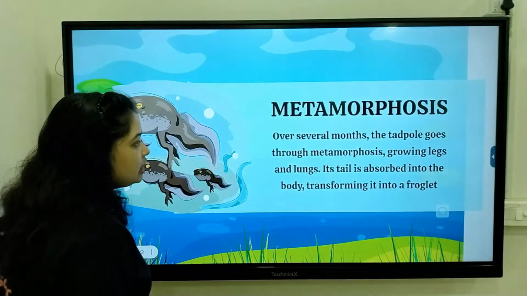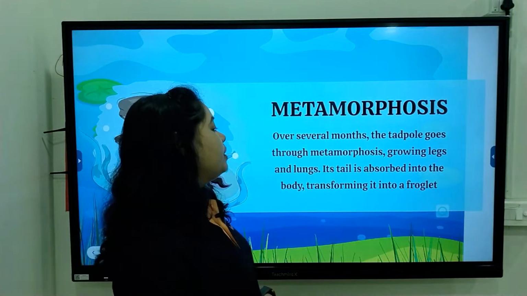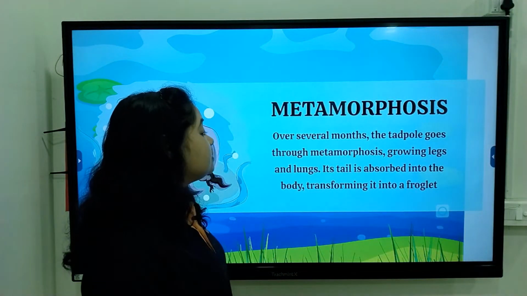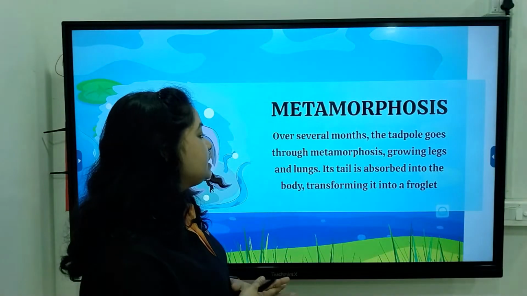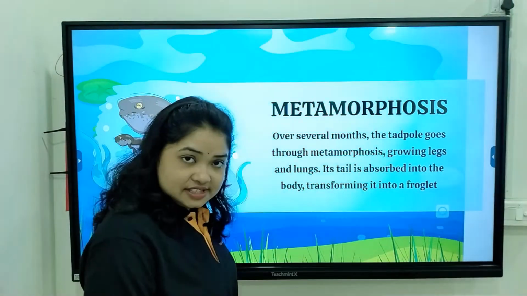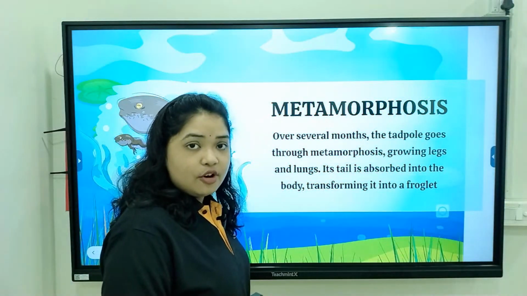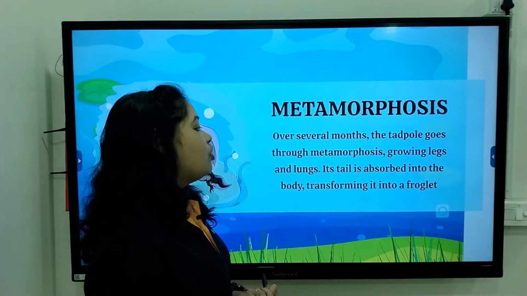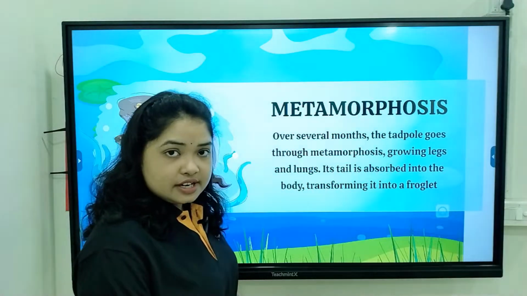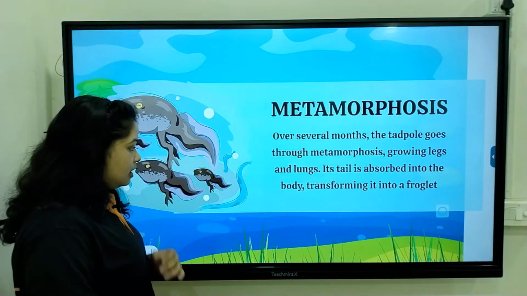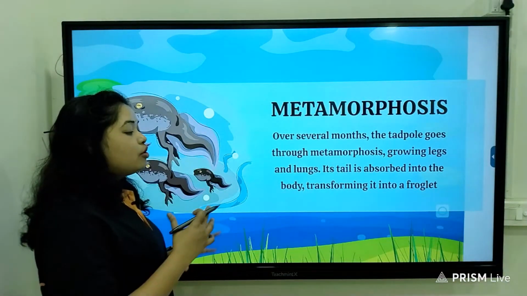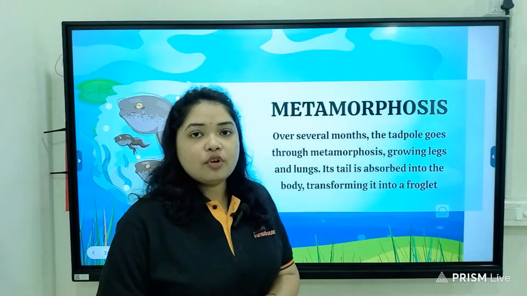Over several months, the tadpole goes through metamorphosis. What is metamorphosis? It means it will grow legs and lungs. Why are legs necessary? As already discussed, in order to escape from predators and also to help them accommodate to life on land.